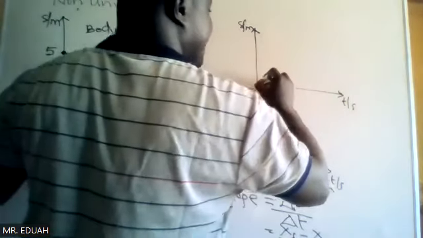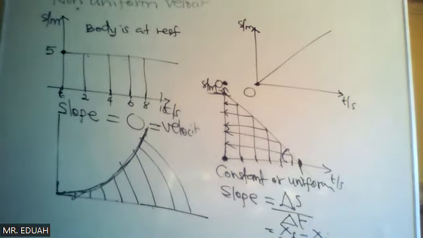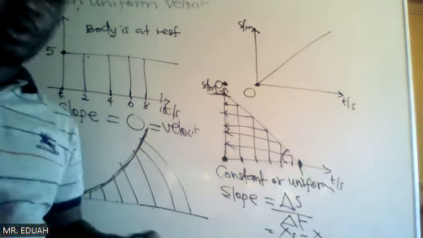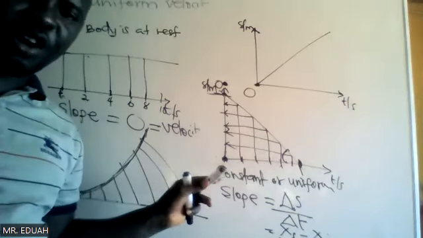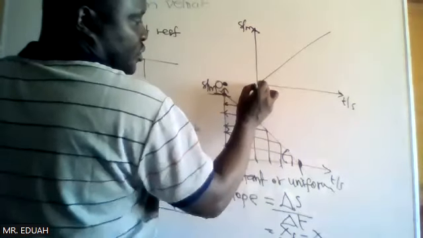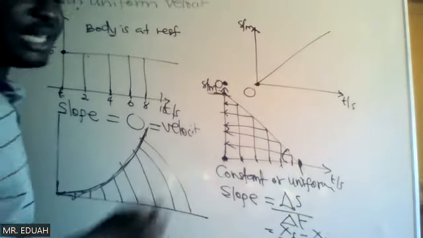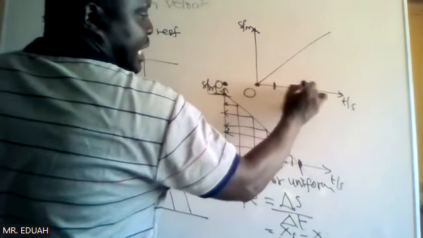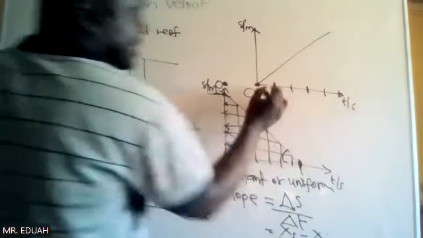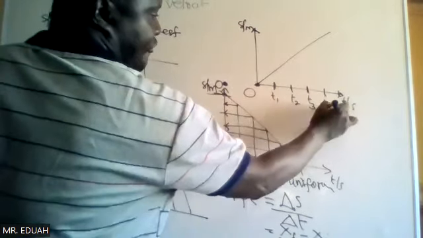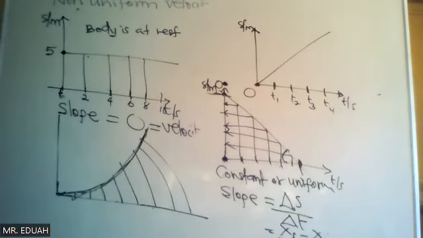So if you plot a graph and it's like this, the slope is uniform. It means the velocity is uniform or constant, hence uniform velocity motion. Here, what it means is that at time t equal to 0, the position of the body is 0, or the distance covered is 0. Now, as time increases, t1, t2, t3, t4, and since we are moving towards the right, we are looking at increasing time.